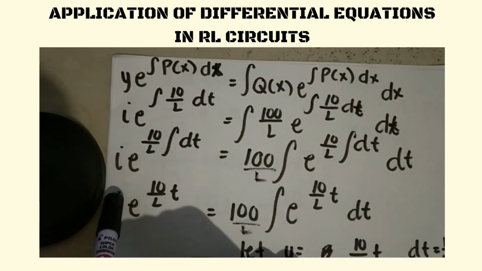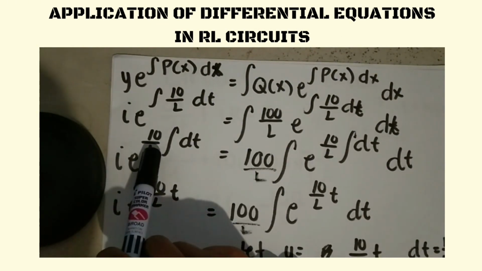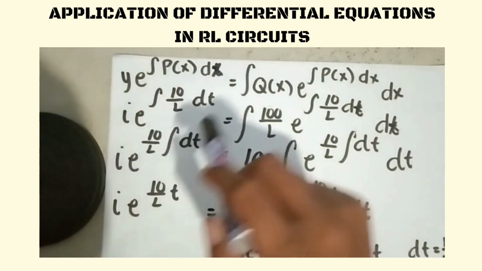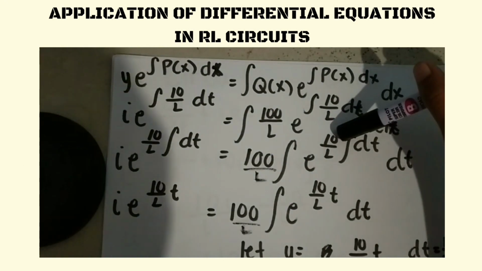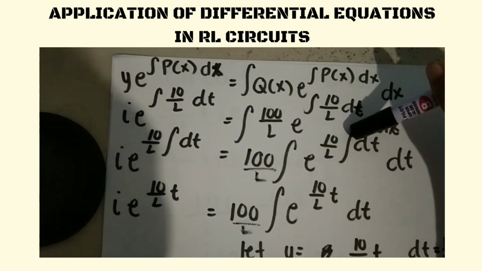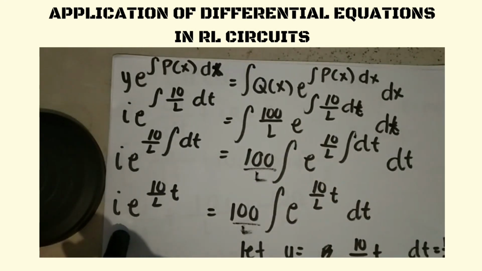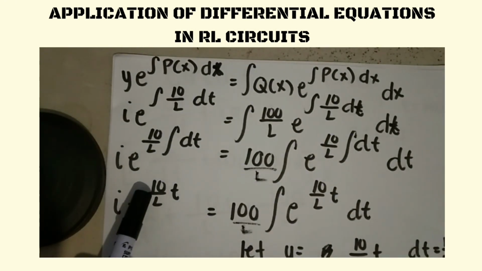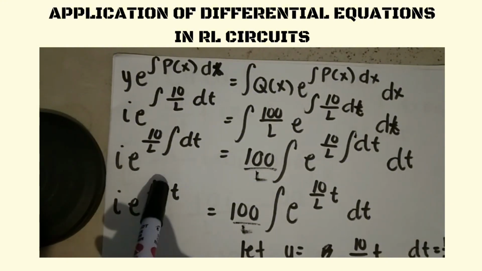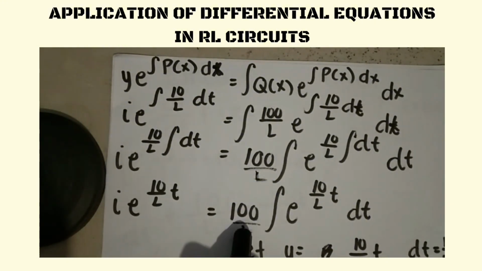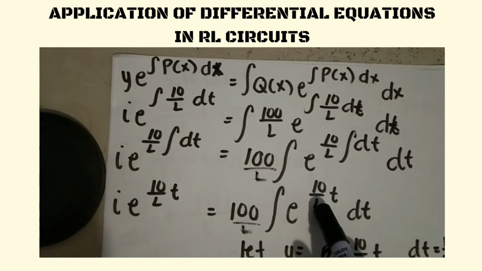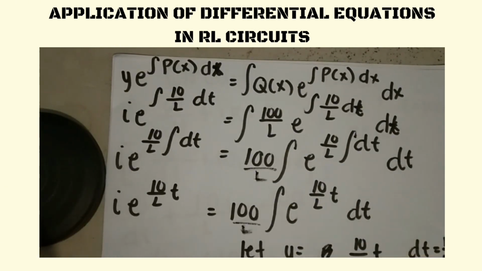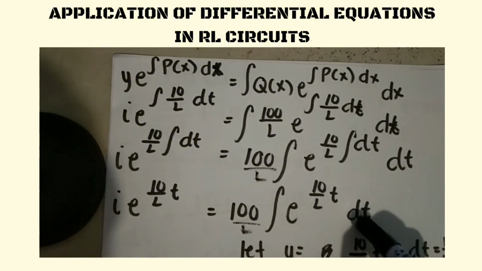So I e^(10t/L) is equal to 100 over L times the integral of e^(10t/L) dt.